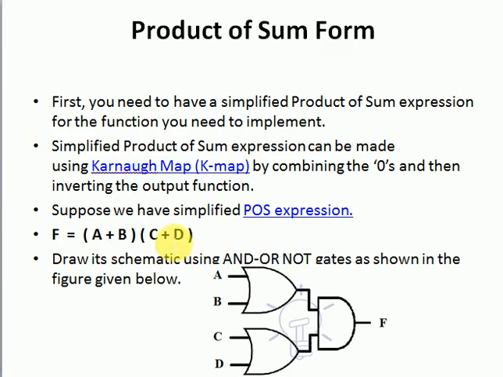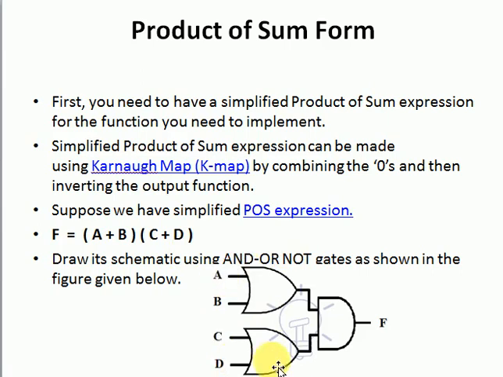Then another OR gate with inputs C and D gives C plus D at the output. After that both A plus B and C plus D go to the AND gate, and at the output we get F, where F is equal to (A plus B) into (C plus D).